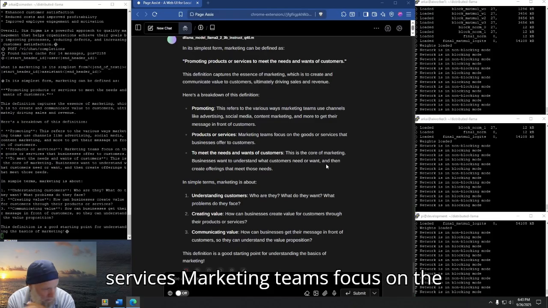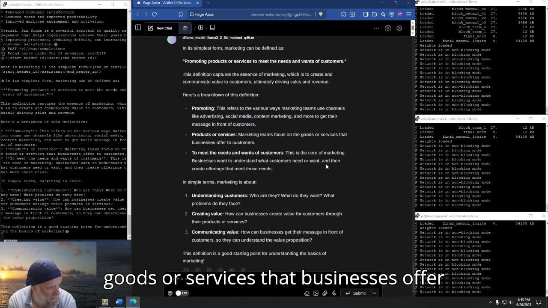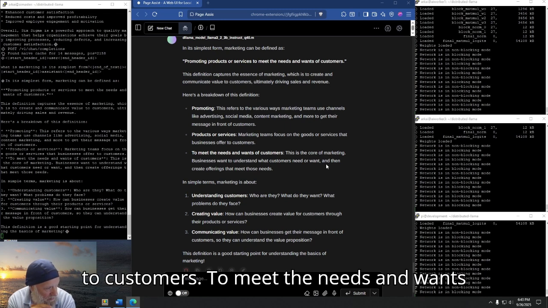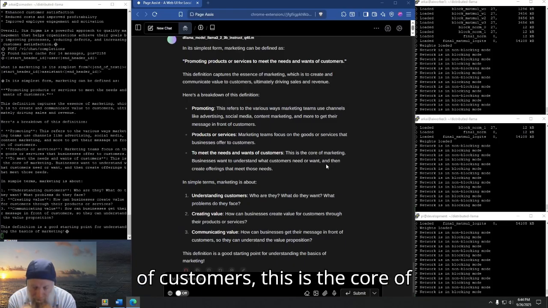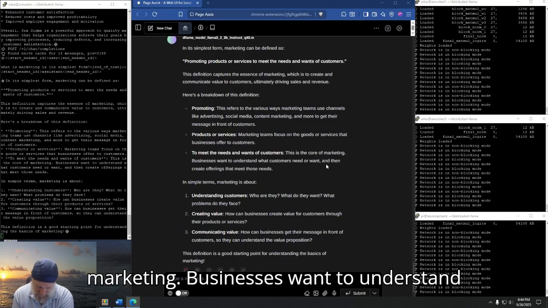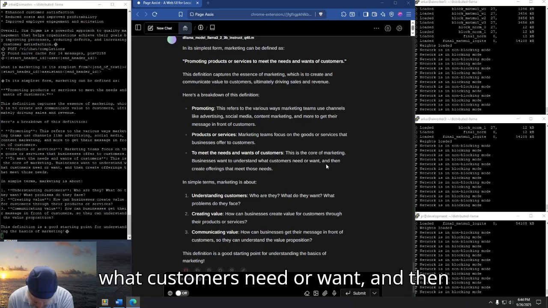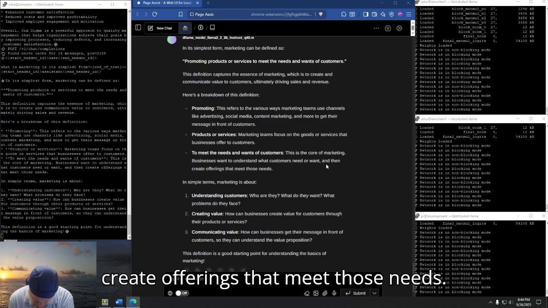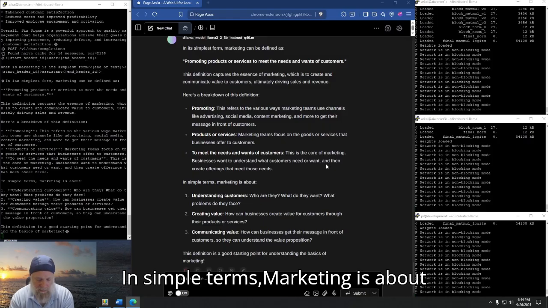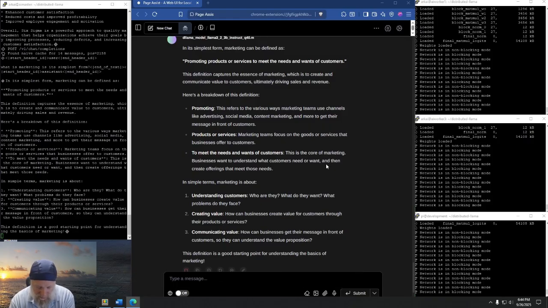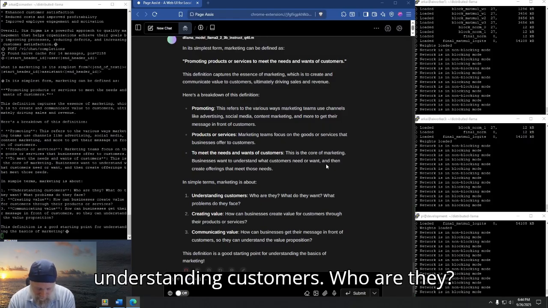Products or services: marketing teams focus on the goods or services that businesses offer to customers. To meet the needs and wants of customers: this is the core of marketing. Businesses want to understand what customers need or want, and then create offerings that meet those needs. In simple terms, marketing is about understanding customers. Who are they?